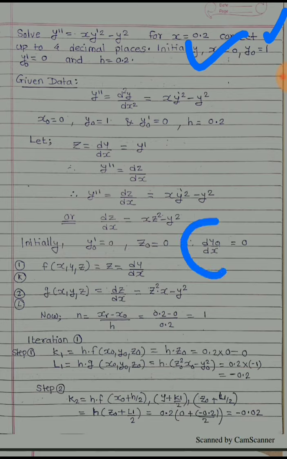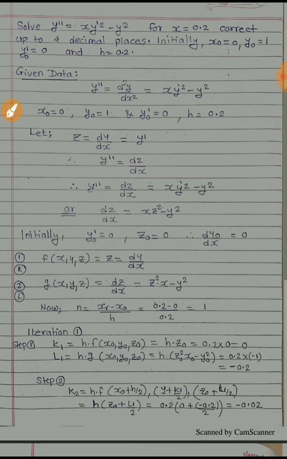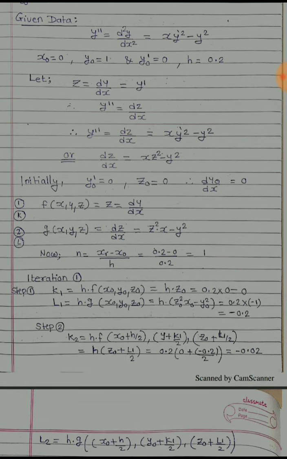Then dy0 by dx is equal to 0. Hence we could say k1 is equal to h into f of x0, y0, z0, that becomes equal to h into z0.